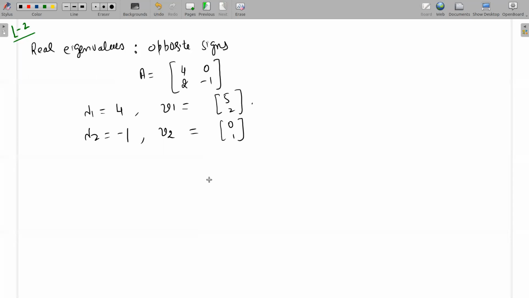So we draw the phase portrait in the x1, x2 plane.